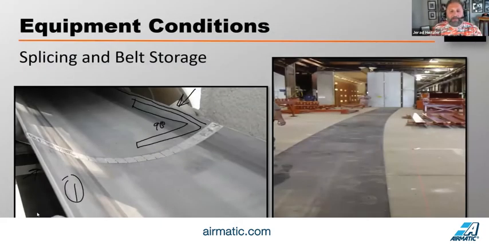It's not uncommon for those edges of a belt to be cut, and therefore they might have a little bit of a wave to them. So if you're using the edge of the belt to get a square cut to the belt, you'll have what's called a crooked splice. And you can identify a crooked splice.